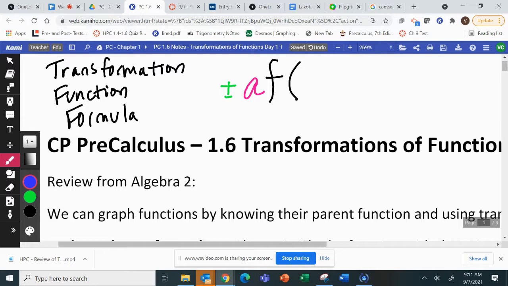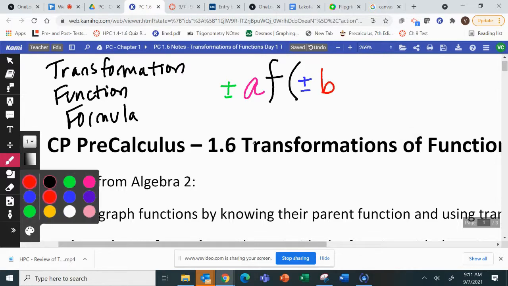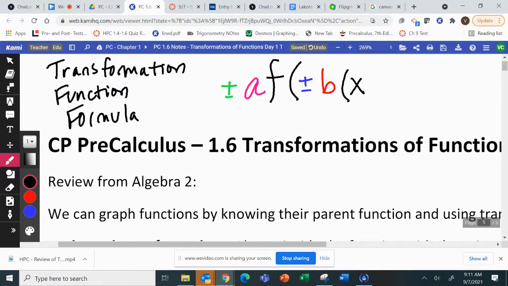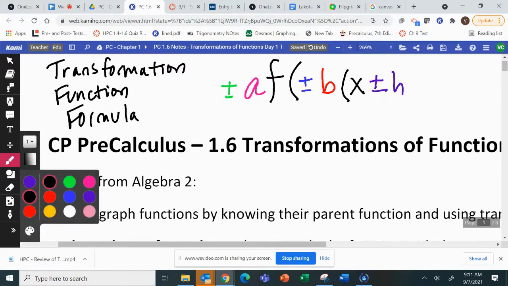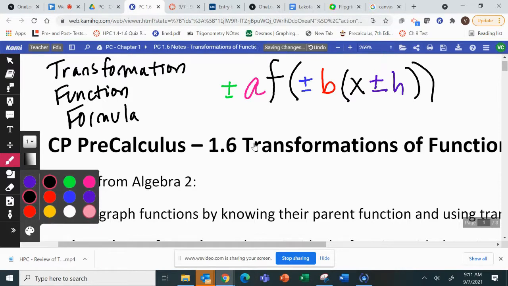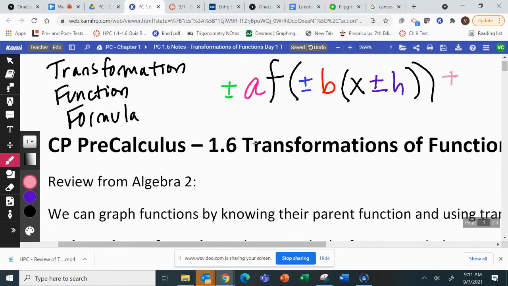I'm going to run out of colors totally. Maybe not.